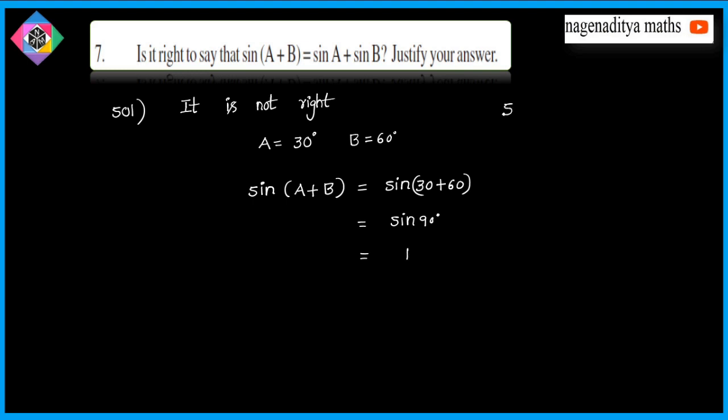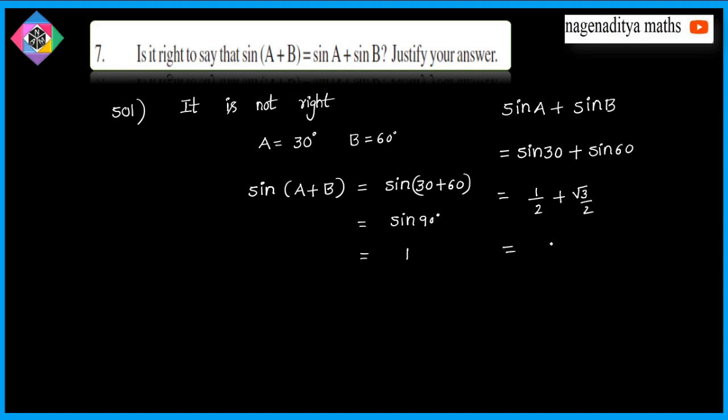Now sine of A plus sine of B is equal to sine 30 plus sine 60. Sine of 30 is 1 by 2 and sine of 60 is root 3 by 2.